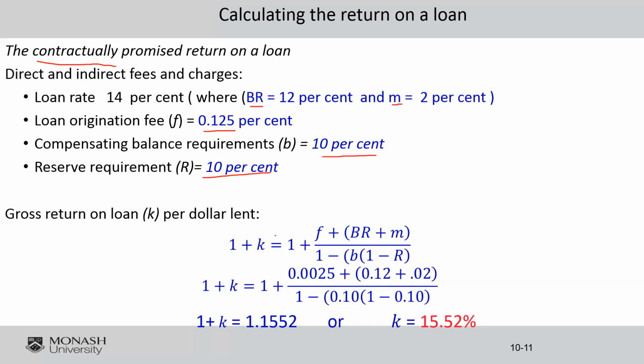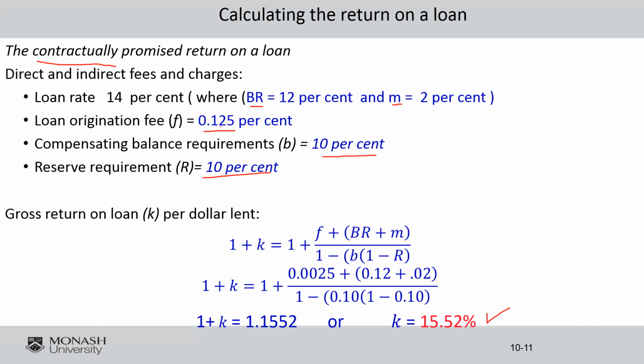As you can see now, if you calculate it, you will find it to be like this. So actually, we are telling the customer, you are paying the basic rate of 12% and you are paying us 2% as premium. And we are taking a fee of 12.5 basis points, but actually if you add this 12 plus 2 plus 0.125, it's less than this one.